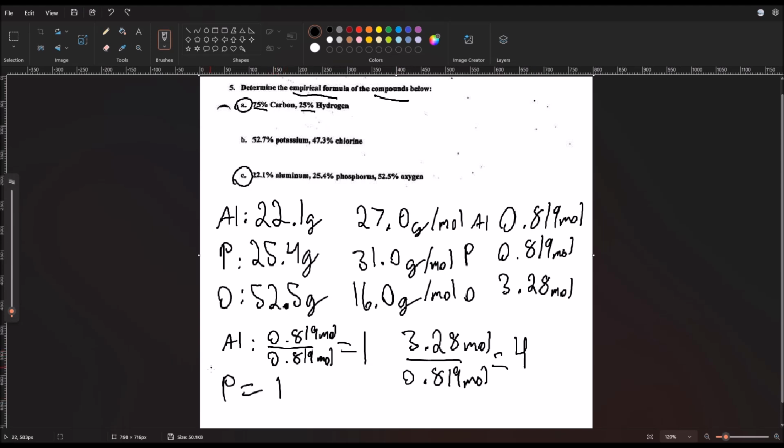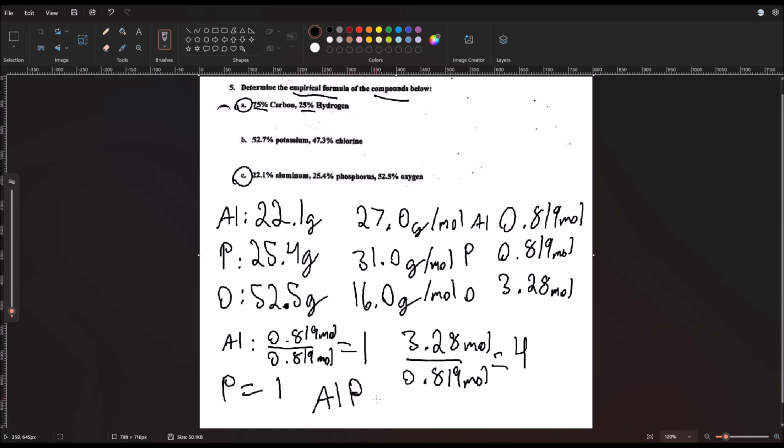We know that aluminum is going to be the cation in this case, and that phosphorus and oxygen typically make a phosphate group. So it's going to be written as aluminum with a subscript of 1, so we can omit that 1. Phosphorus, again, subscript of 1, so we don't need that 1.